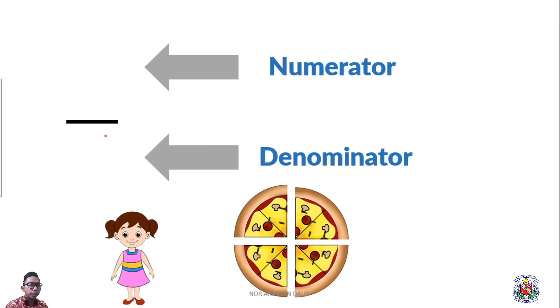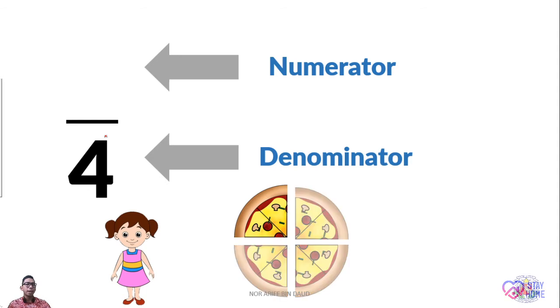Now we have another girl here, whom I call Amy. Amy has 4 slices of pizza, but it is impossible for Amy to eat all the parts of this pizza. The denominator is how many parts we have here, so the denominator will be 4, and Amy only eats 1 part.